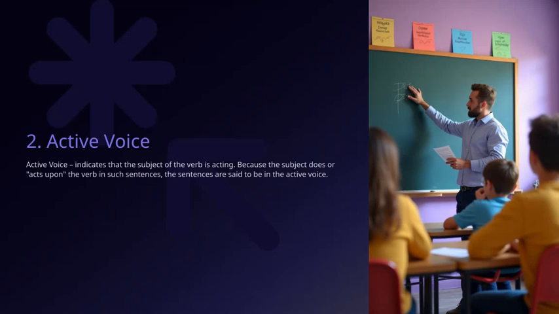Let's talk about active voice. Active voice is when the subject of the sentence is actually doing the action. So, in these sentences, the subject acts upon the verb, which makes the sentence clear and direct. Because of this, we say that these sentences are in the active voice. Using active voice helps make your writing more engaging and easier to understand. It puts the focus on who is doing the action, which makes your message more straightforward.